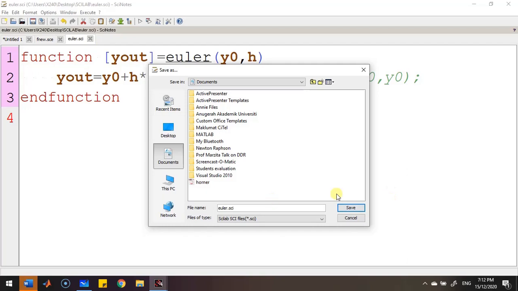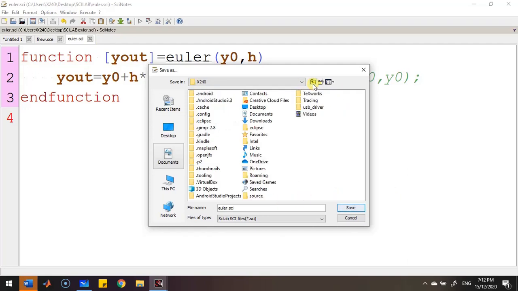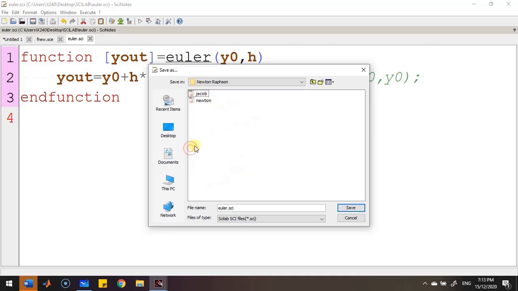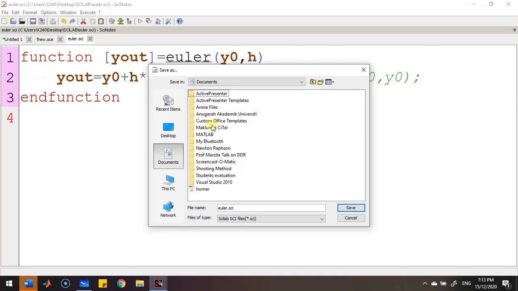Okay, I'm just going to create a folder here just to be safe. In my document folder, I'm going to call it shooting method. I'm going to save my Euler inside this shooting folder.